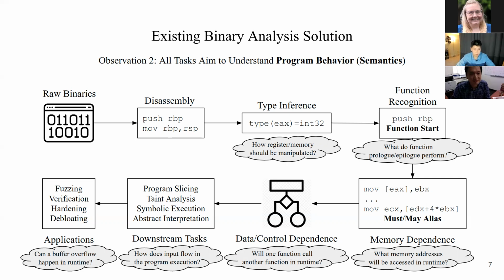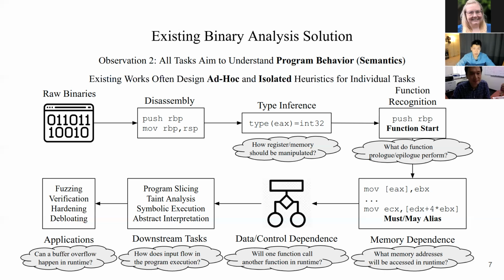If you are doing memory dependence, you're essentially asking what memory addresses will be accessed at runtime. However, we observe that existing works often design ad hoc and isolated heuristics for each individual task, ignoring such a common basis. So the knowledge in one task is not generalizable to another task, which is also the reason why those heuristics are brittle, as they do not capture the underlying inherent program behavior.